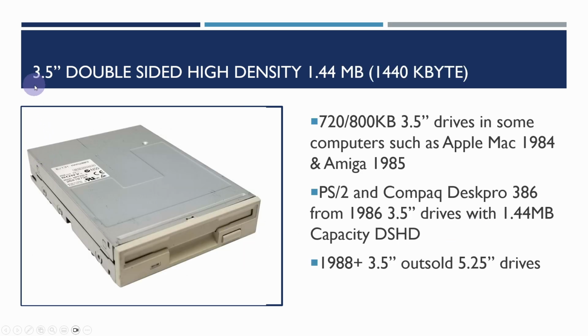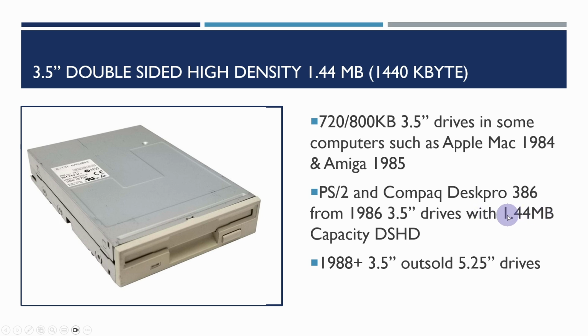Then the 3.5 inch double-sided high density disks that we are perhaps more familiar with these days originated around 1984-85, when the 720 and 800 kilobyte drives became available, in things like the Apple Mac and the Commodore Amiga. The IBM PS2 and Compaq Deskpro 386 from around 1986 introduced 3.5 inch drives with 1.44 megabyte capacity.